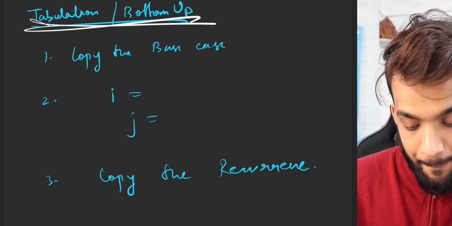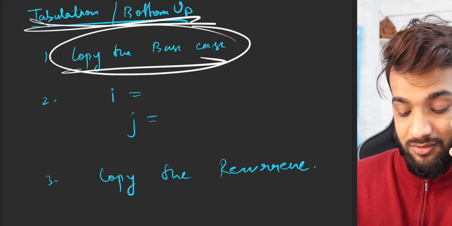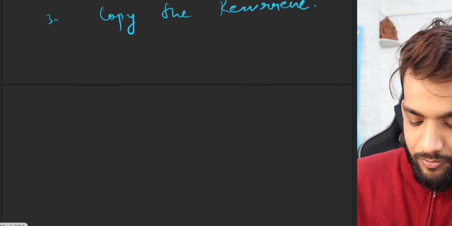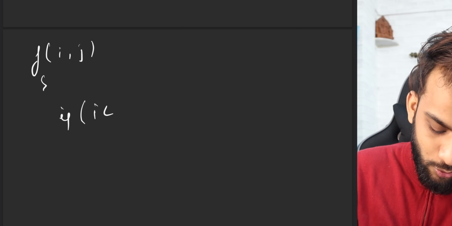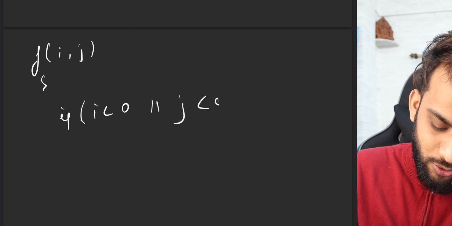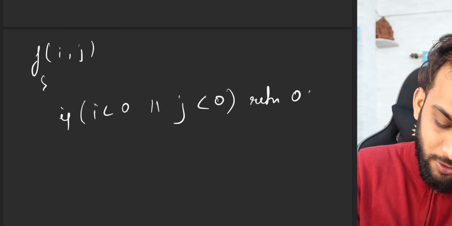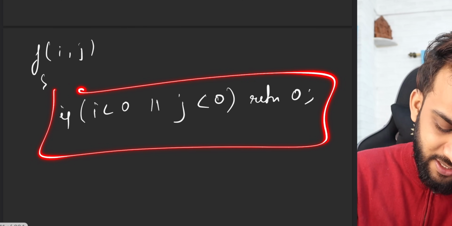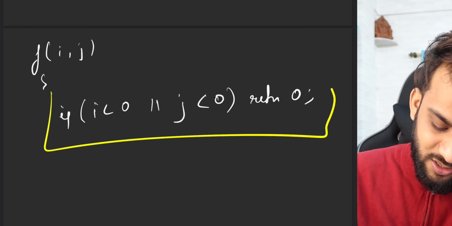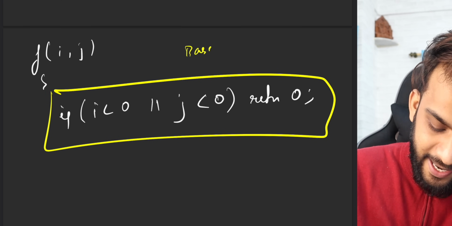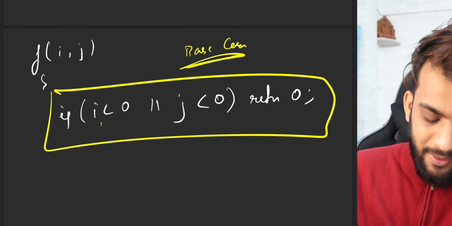But copy the base case is a bit tricky over here. Why? Because if you remember, the code was i comma j, and it was something like i lesser than 0 or j lesser than 0, and you return 0. So over here, this was the base case, right? And in the base case, i can be negative.